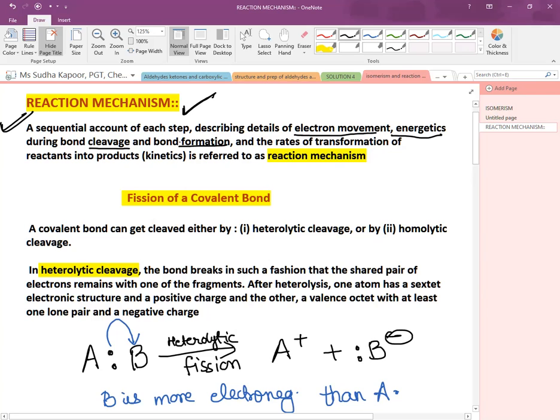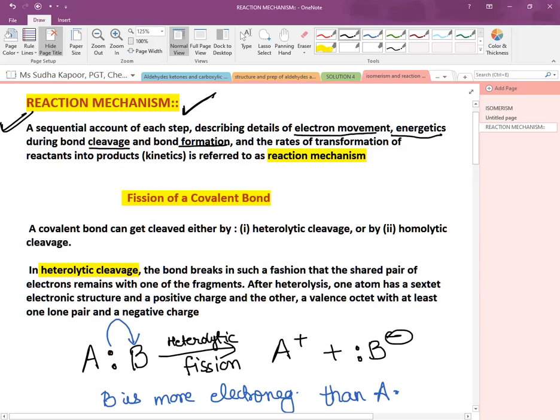For the reaction mechanism, we must know how the bond has undergone cleavage or fission. A covalent bond can be cleaved in two ways, heterolytic cleavage or homolytic cleavage. In heterolytic cleavage, the bond breaks in such a fashion that the shared pair, that is the covalent bond, moves to one of the fragments.